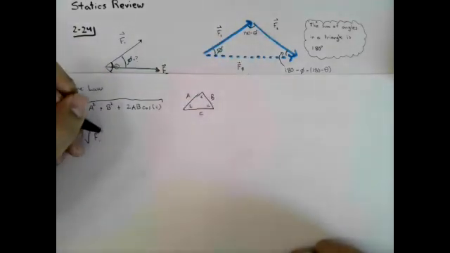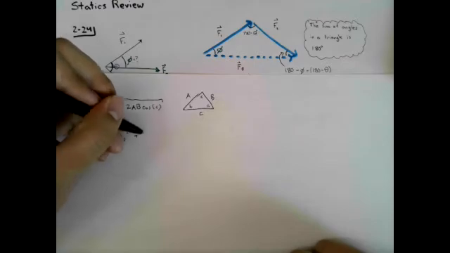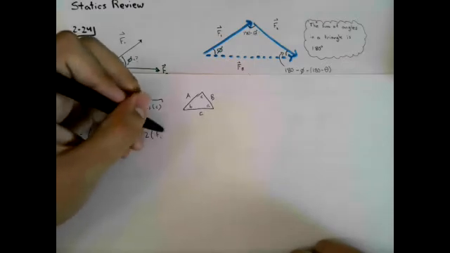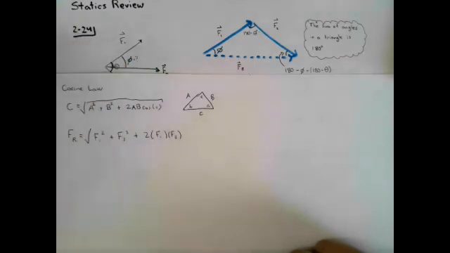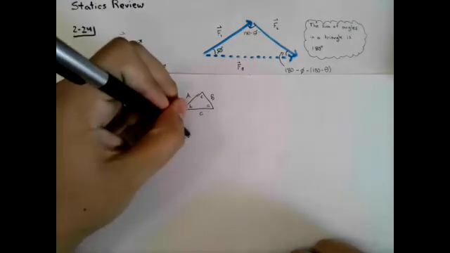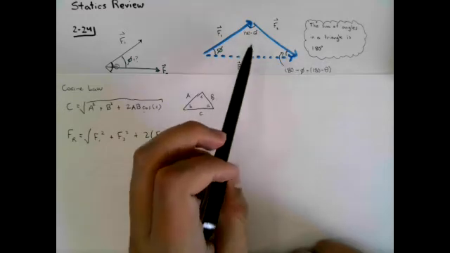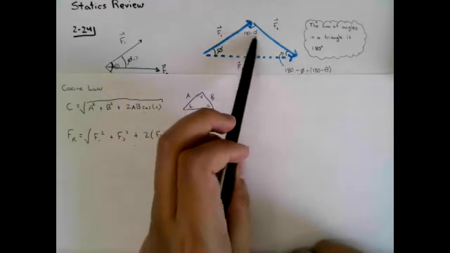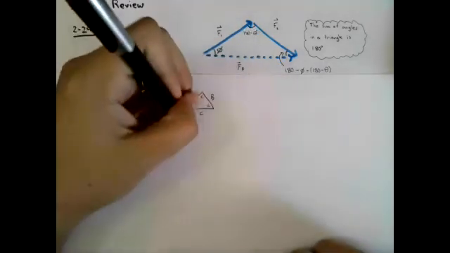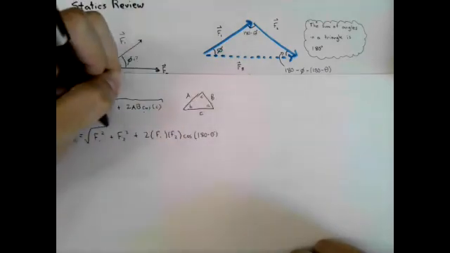So F1 squared plus F2 squared plus twice the magnitude of F1 times F2, times cosine of the opposite angle. And since this is my resultant force vector, my opposite angle will be 180 minus phi. So cosine of 180 minus phi.